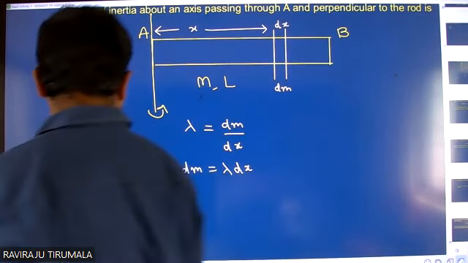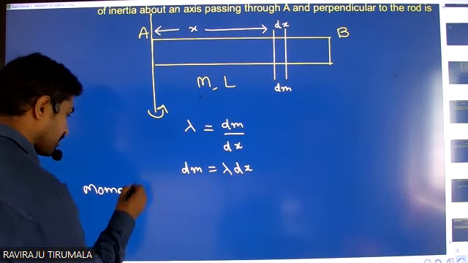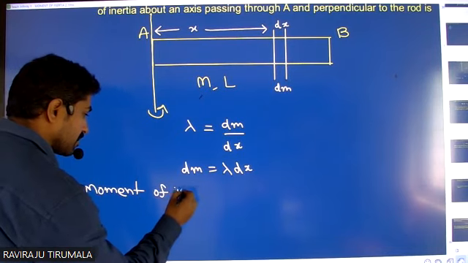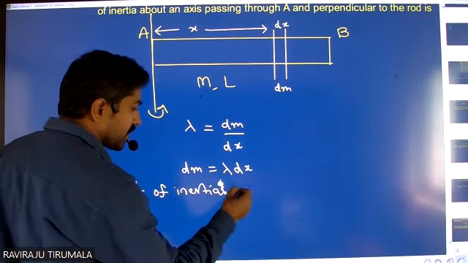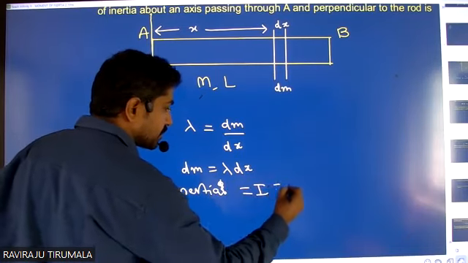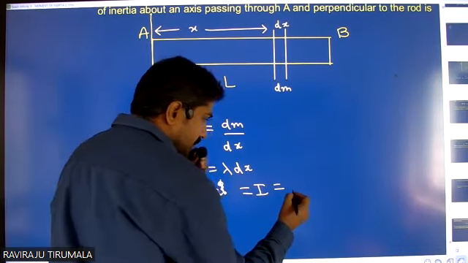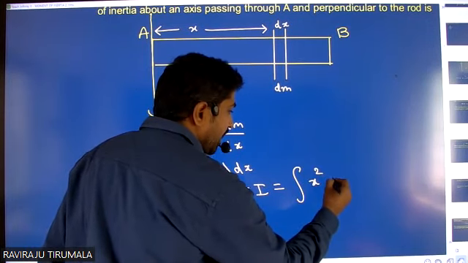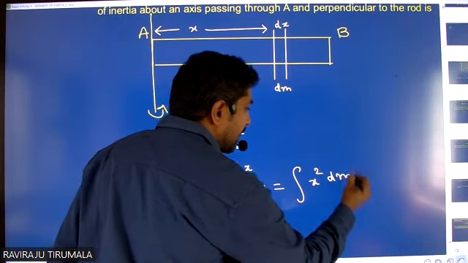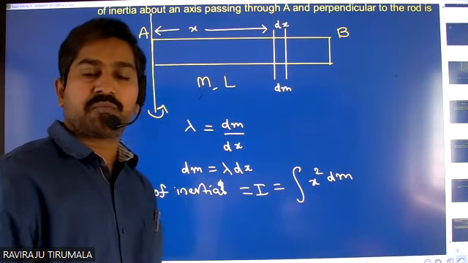I equals integral x square dm. What is the general formula for moment of inertia?